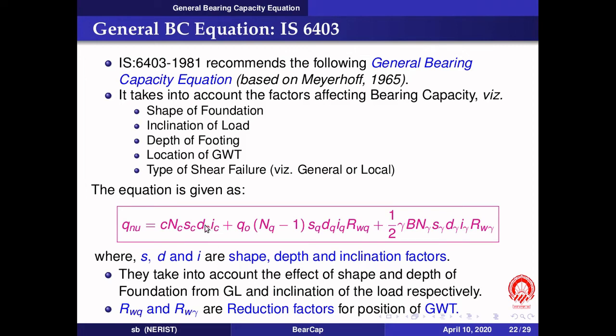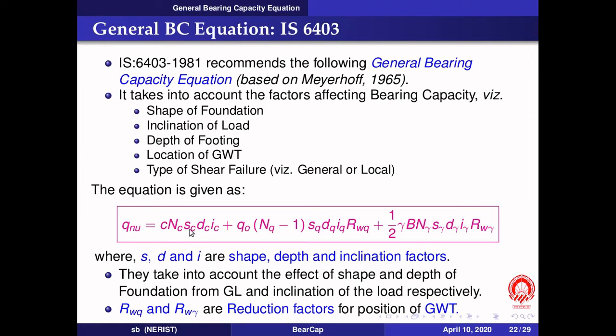And these factors are again divided into those various components that we have already discussed resisting the load by the soil: the cohesion component, the surcharge component, and the weight component, frictional resistance due to the weight.